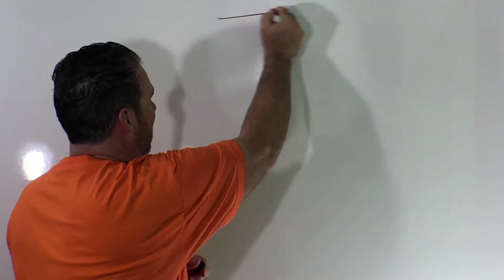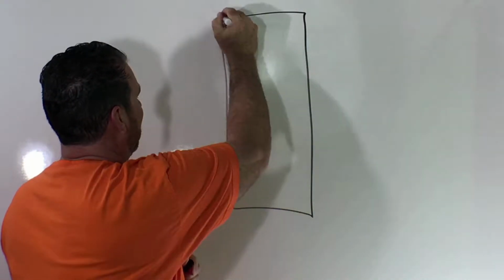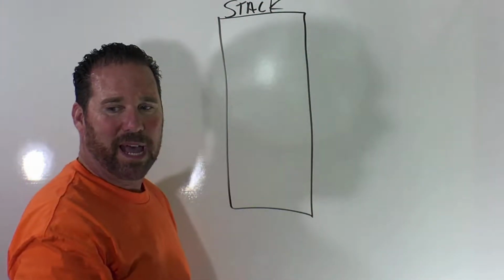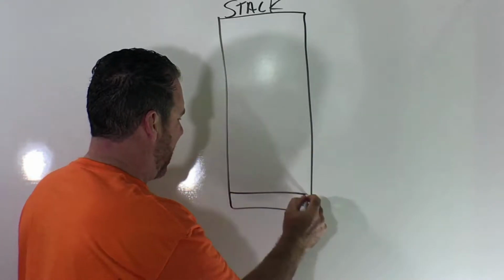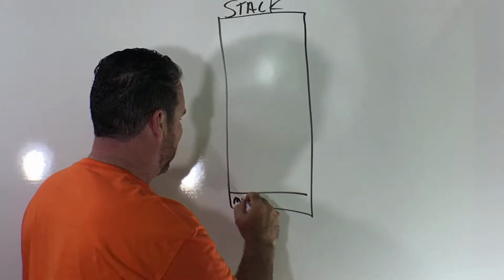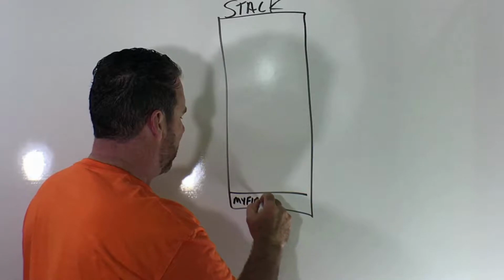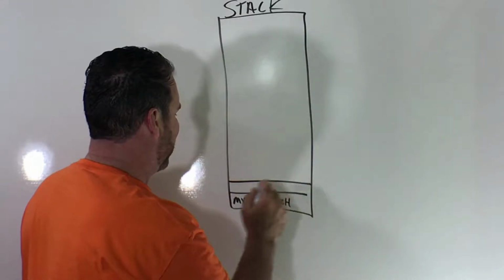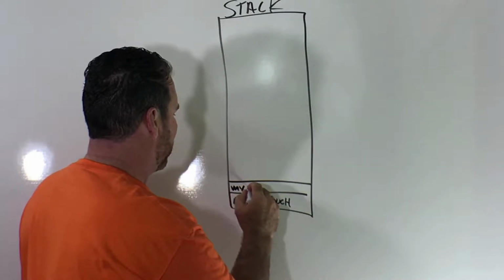All right, so here's my stack. Okay. All right, that's my stack. And down here I have my first couch. And then on top of the stack, I've created my second couch.